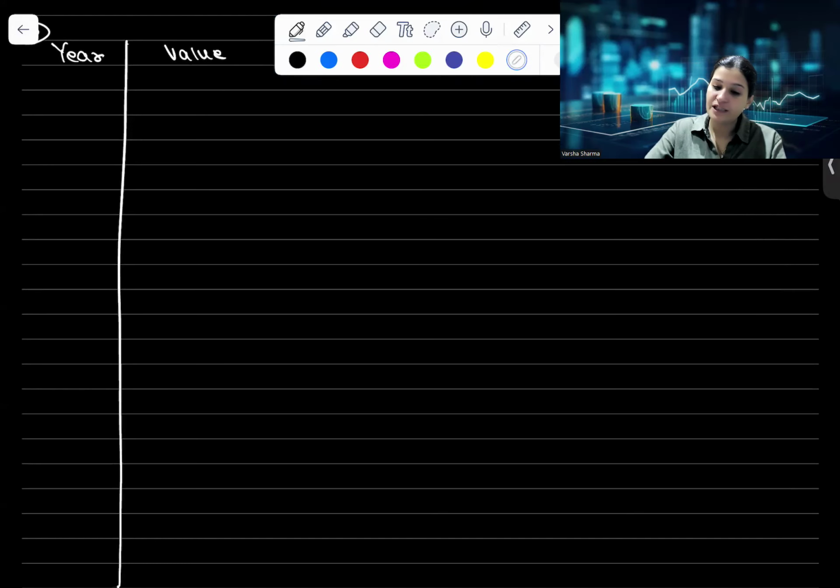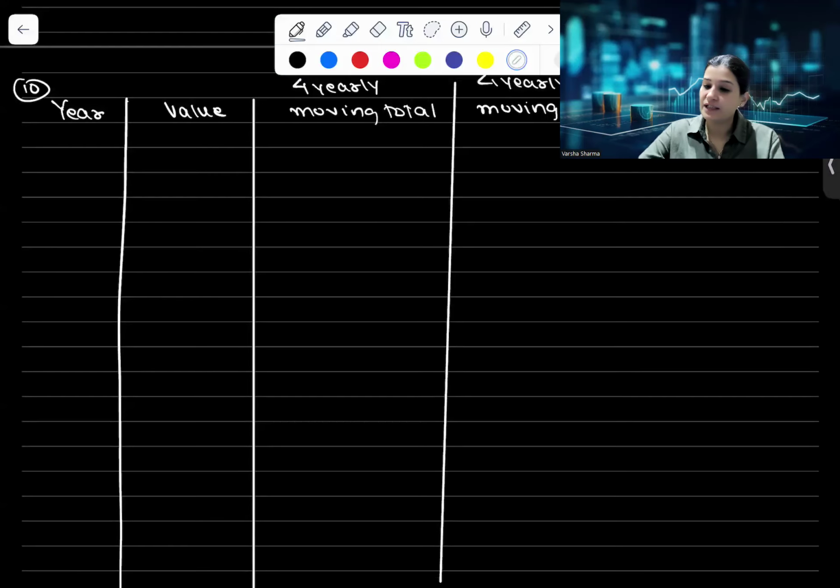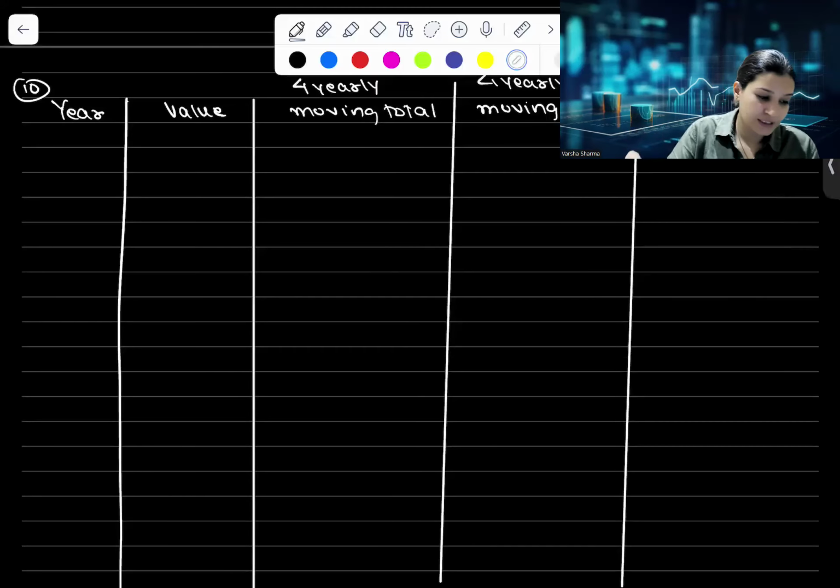Now, make sure that you leave a line in between. Write the values with one line spacing in between. Here, 1984, 1985, 1986.